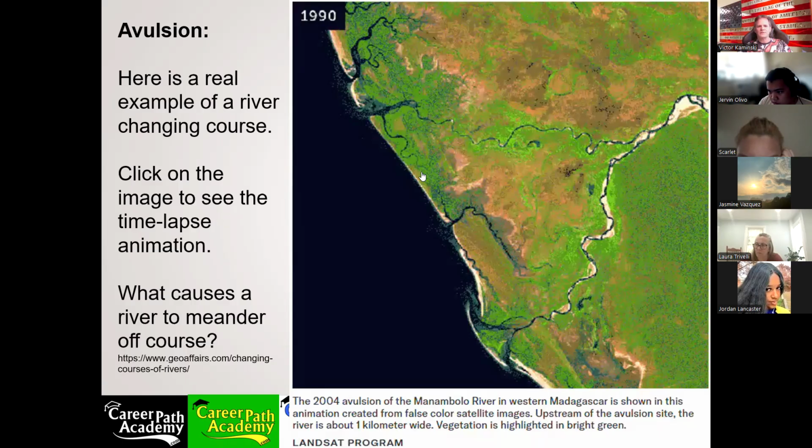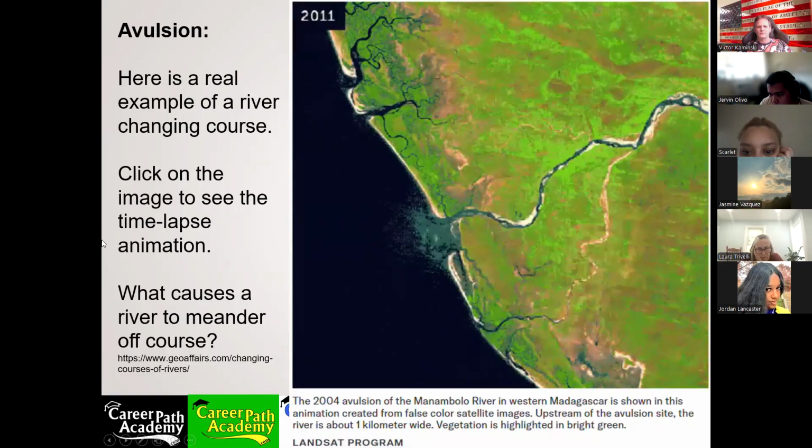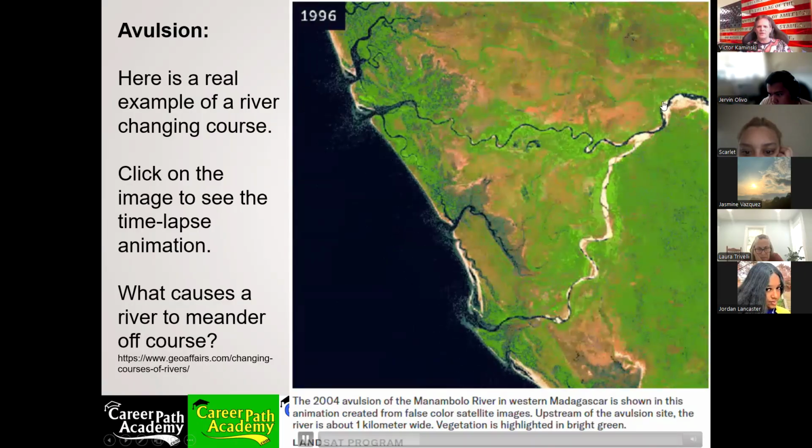Okay, so let's click on it and let's watch it in its animated form as it changes. Up top, you could see the years change. And here you're going to see how the water changes its flow. You see how it changes?